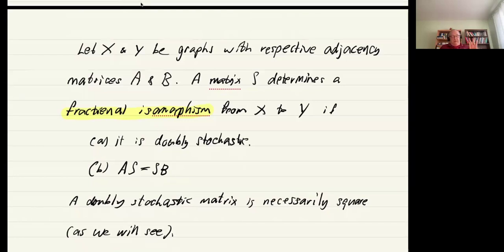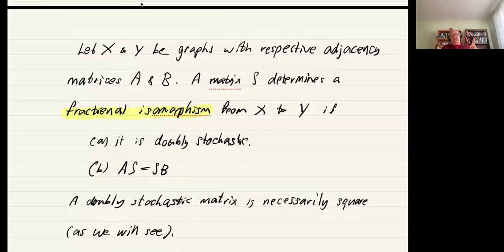That means the graphs X and Y are the same size. So we're defining fractional isomorphisms. I don't think that there's a reasonable definition of fractional homomorphism.